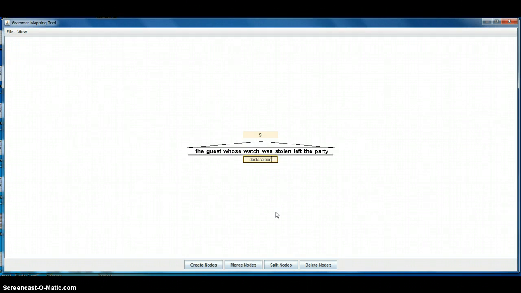Now, the important thing to note here is that the guest whose watch was stolen is the entire NP subject. So that includes an NP plus a relative clause. And a relative clause, as you know from reading chapter 13, takes an S.